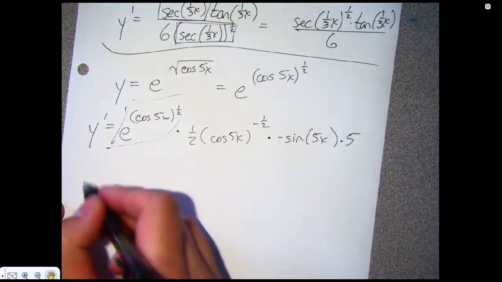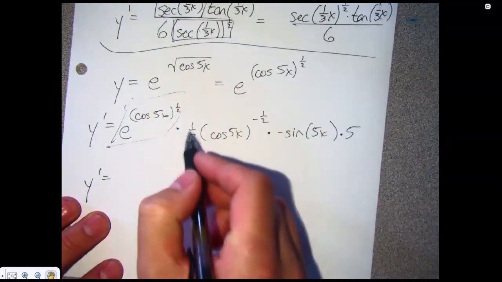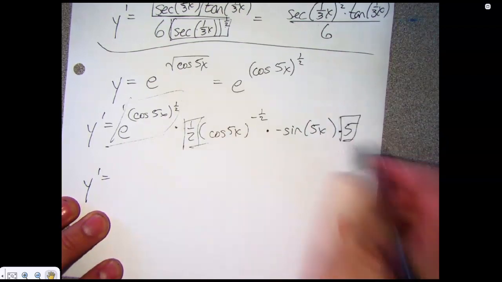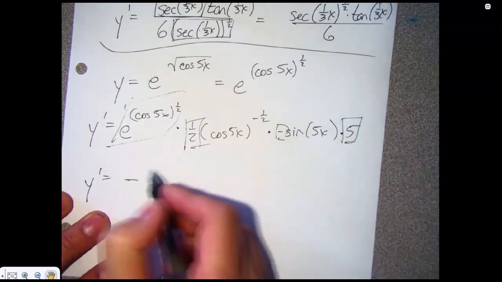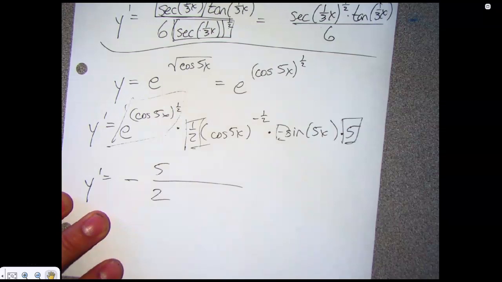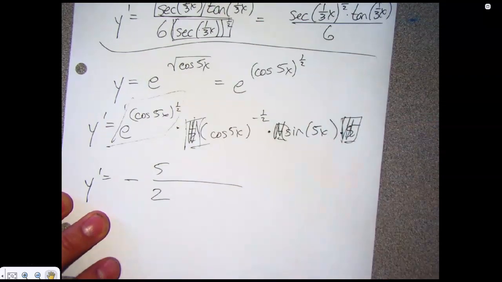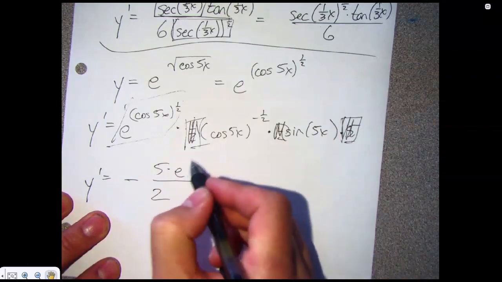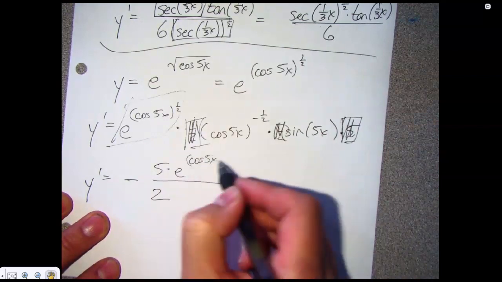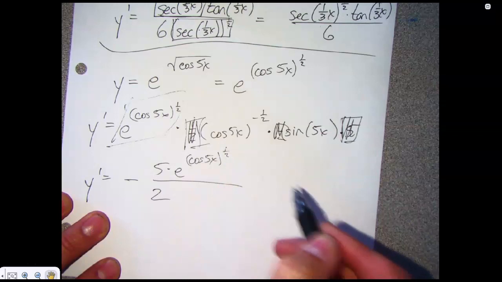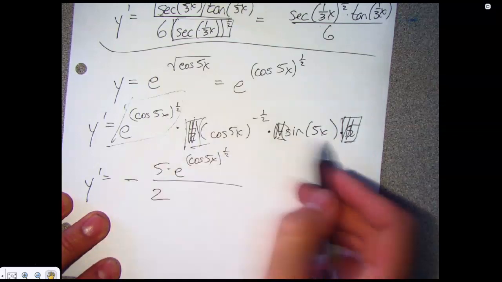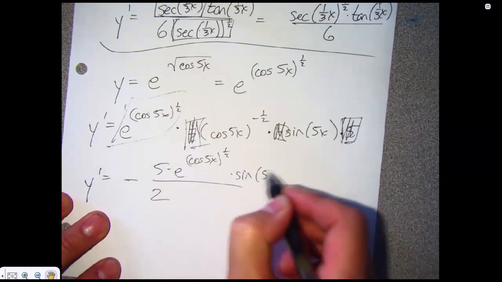All right, now I've got some simplifying to do. This 1/2 and this 5 and this negative, I'm going to go negative 5 over 2. So I've used the 1/2, I've used the negative, I've used the 5. And then anything with a positive exponent stays on top. So the e to the square root of cos 5x and the sine of 5x.